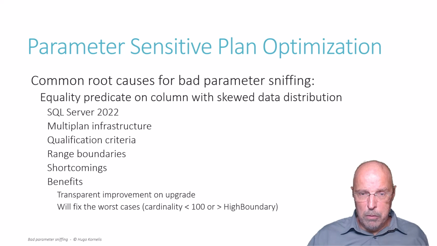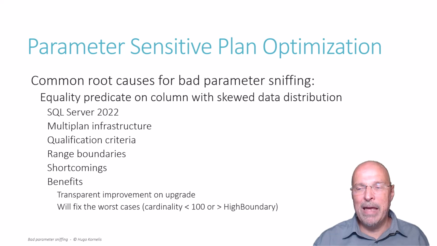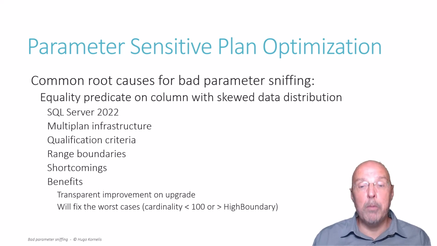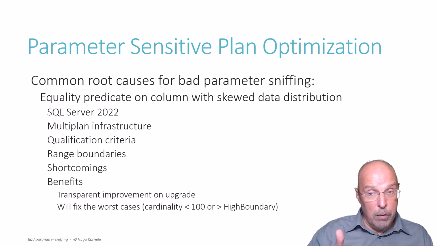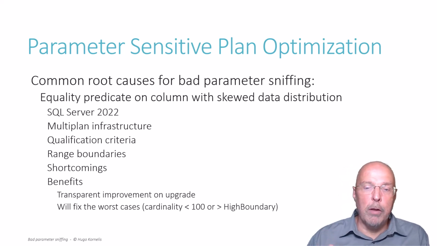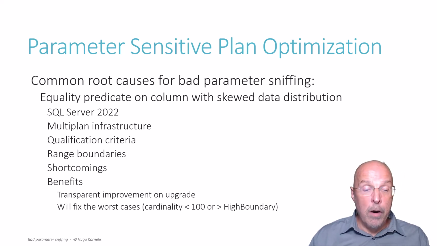So, would I turn this on? Well, it's on by default. Unless I fear for plan cache bloat, I would generally keep this on. But I would not expect that this feature will save my world. I would expect that I still have to use all the tricks from my last video to fix all the issues that there still will be with inequality, with optional parameters, and the many cases where equality on a skewed column still is not fixed because the skewness is not high enough or because the issues appear in the medium range.